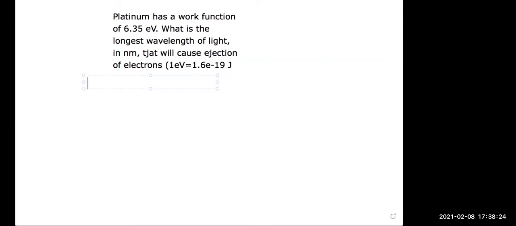Let me write it down. 6.35 eV. And what else do we know about the information here with just this question? That is the longest wavelength of light, in nm, nanometers.